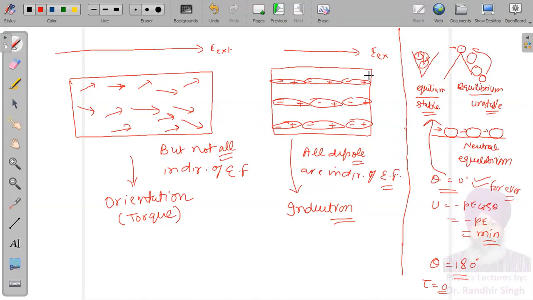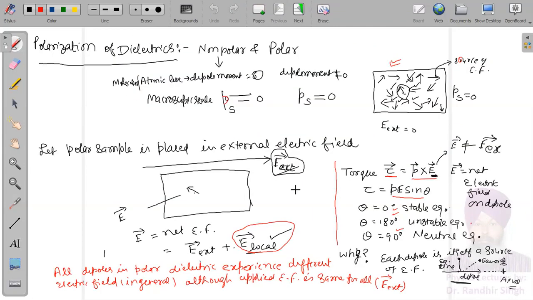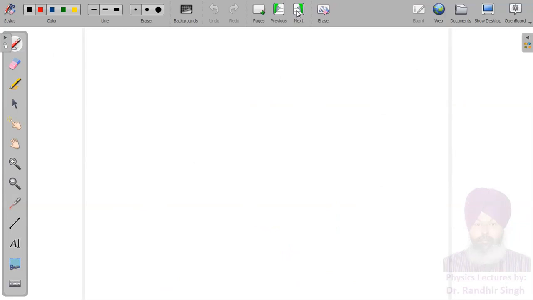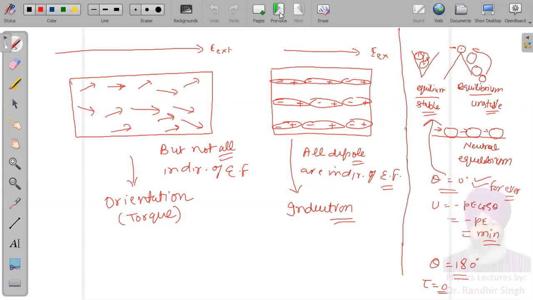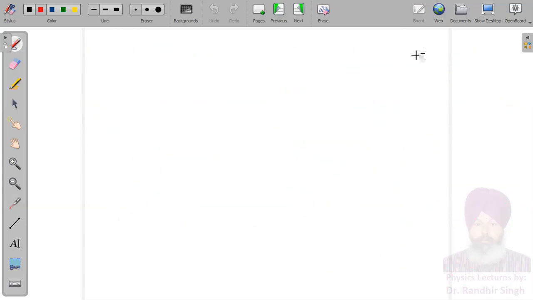For example, let me see this. Sure, I will go to the back page. Okay, now look at this dipole. Rather, I will take an example. This page is empty, so I will use it. Suppose I have this dipole. This dipole is under study. Now I will change the pen color.